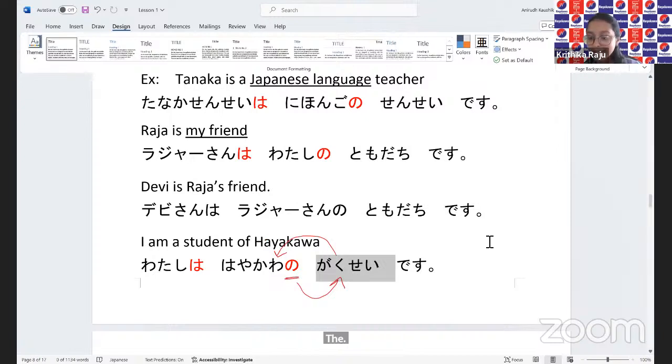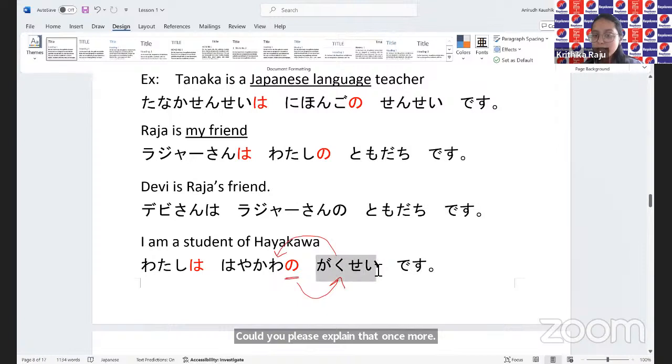Could you please explain that once more? Yes. So here you have the noun gakusei. This no gives the second noun gakusei the quality of being Hayakawa's student. It gets this quality. We are not a student of any other Japanese language school.